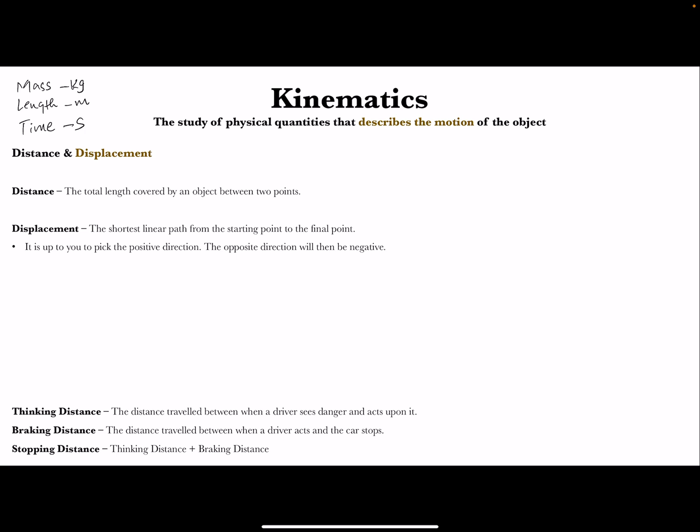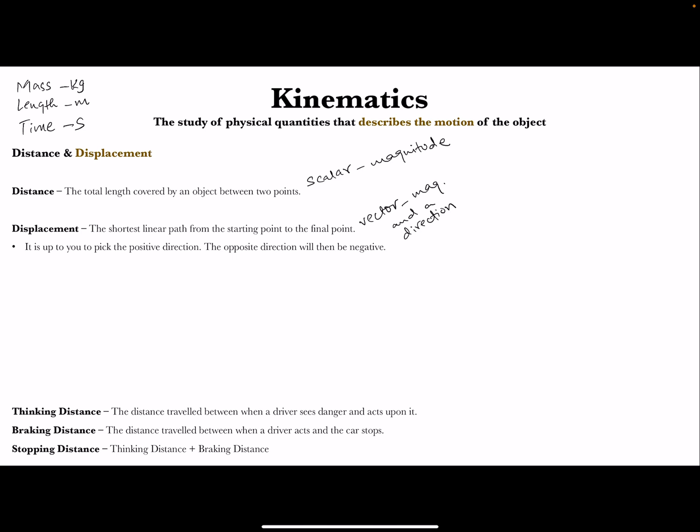One of them is a scalar and the other is a vector. So distance is the scalar quantity, it only has a magnitude. And displacement, on the other hand, is a vector quantity, which means it has a magnitude and a direction. All right. So scalars can only take positive values. For vectors, because you can go in both directions, if one direction is positive, the other has to be negative.